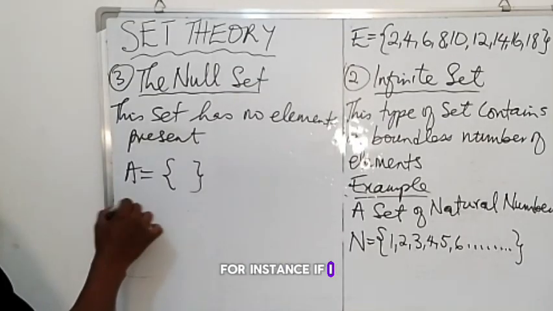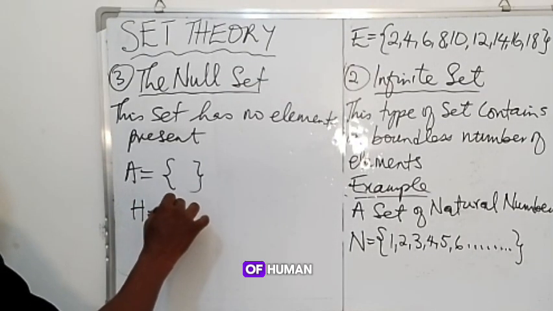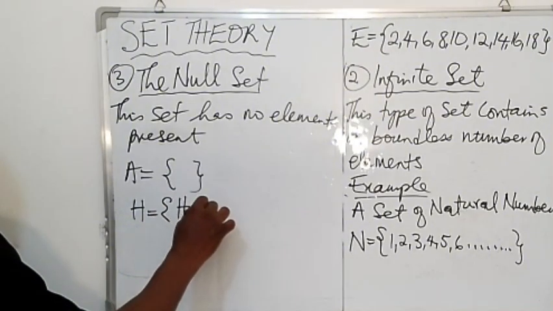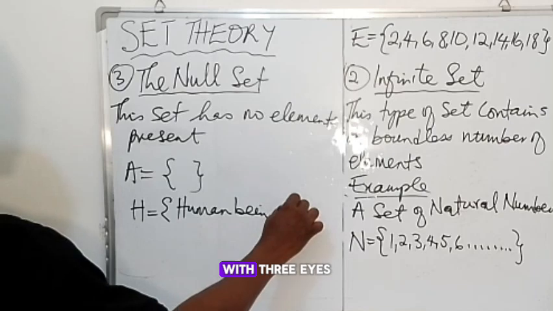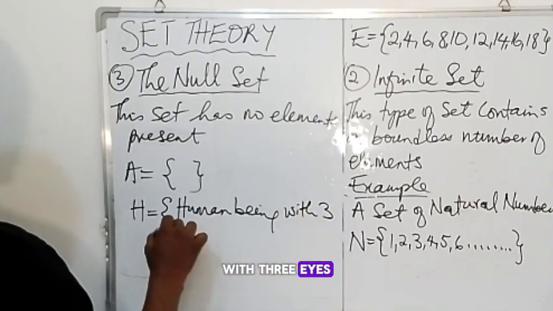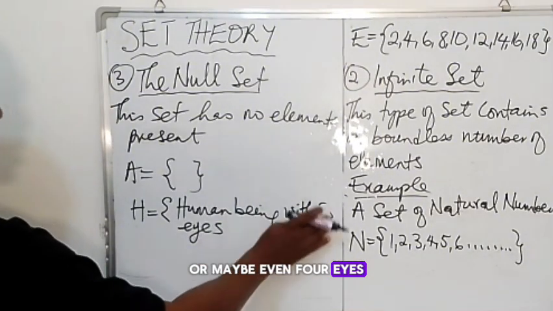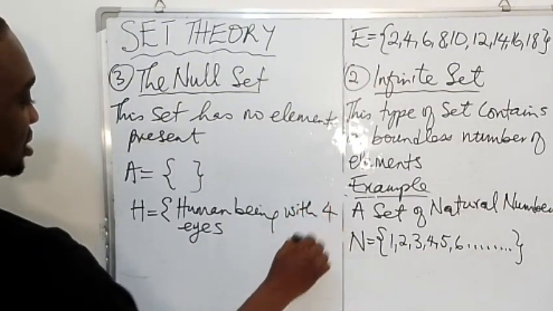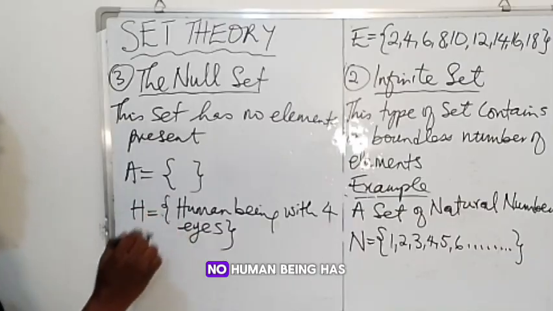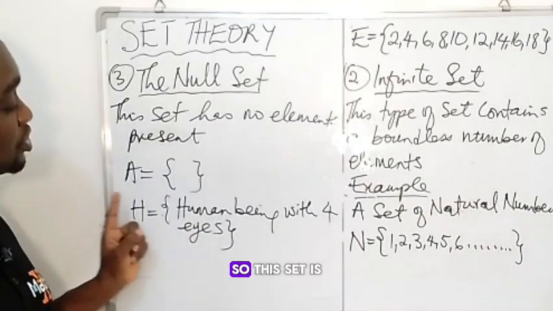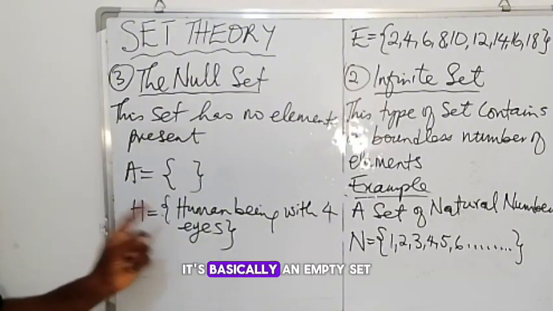For instance, if I give you an example, describe a set H of human beings with 3 eyes, or maybe even 4 eyes. Of course, no human being has 4 eyes. So this set is an empty set, or it's a null set. It's basically an empty set.